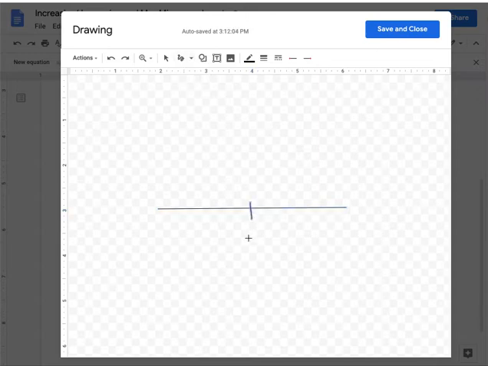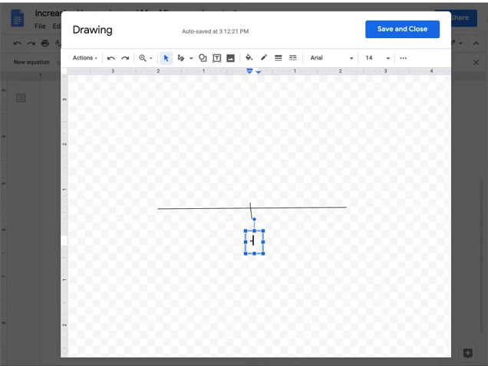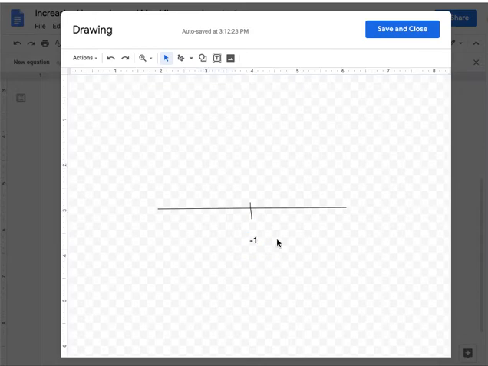Do another one. This is going to be the value of -1 on our number line. Okay, so this is going to separate our graph into two different partitions.